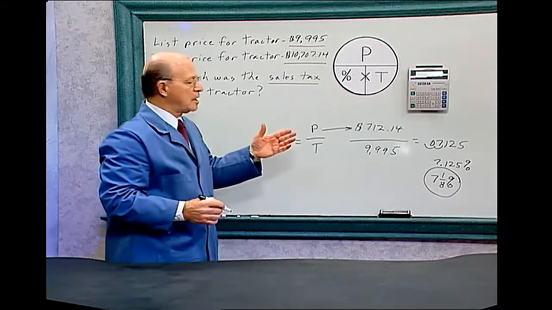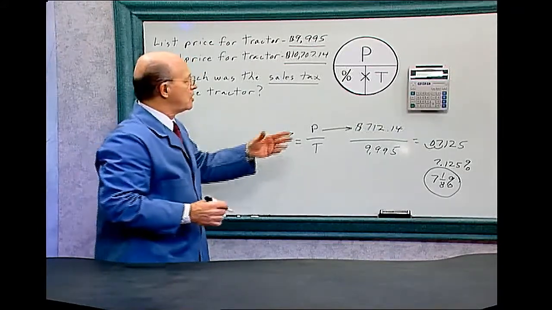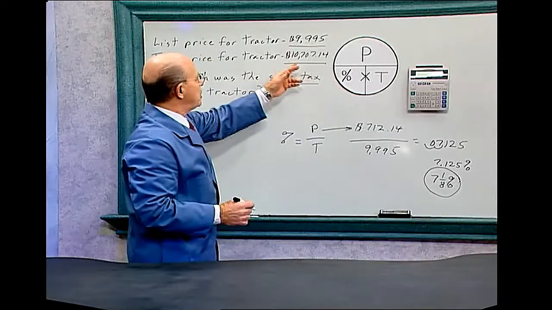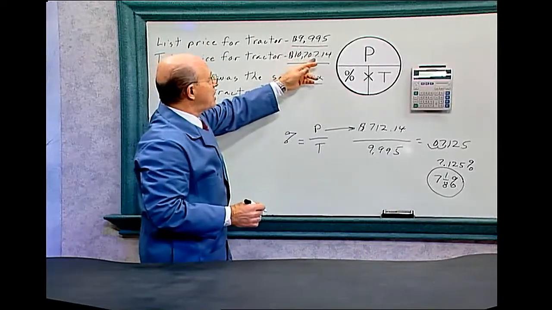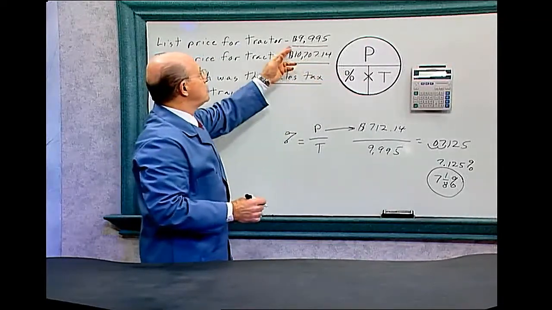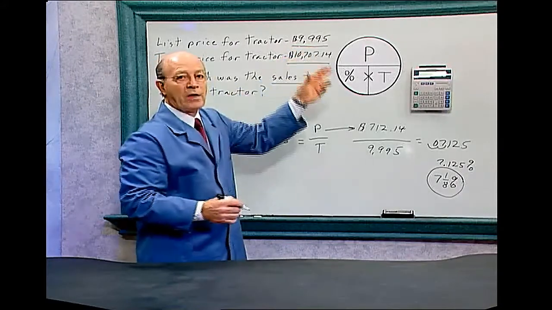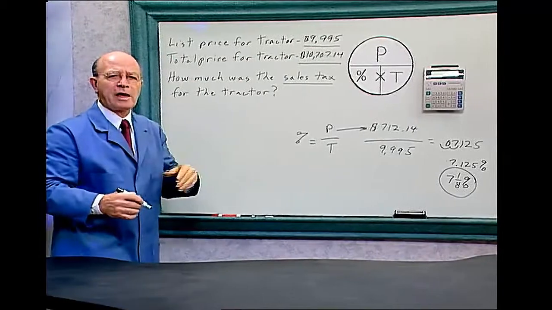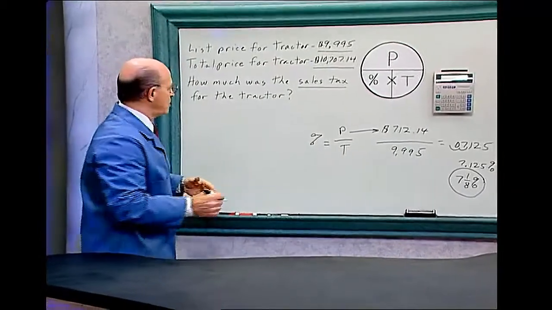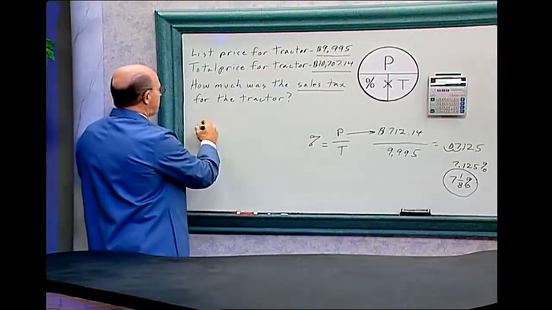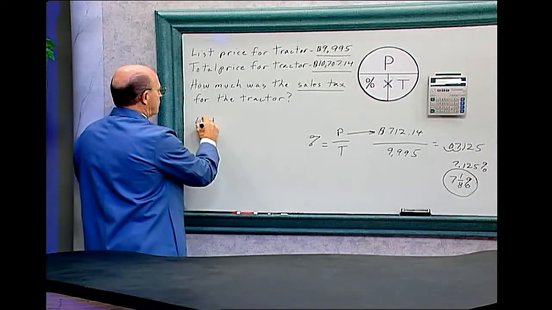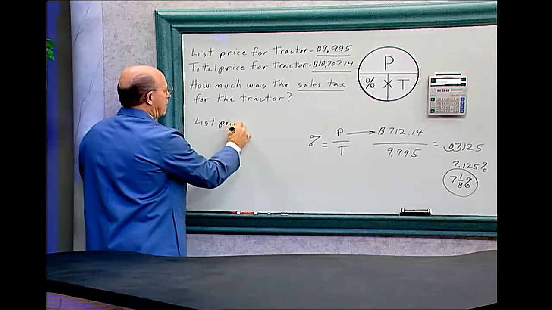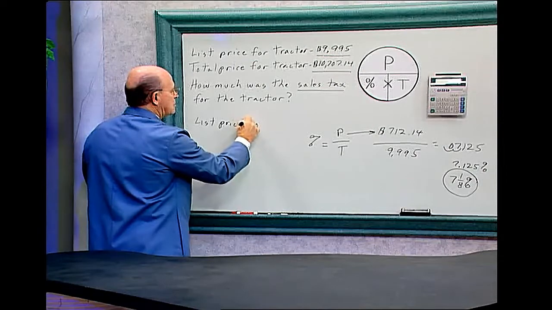Now, this sometimes becomes very confusing. For this total, should you put in $10,707.14, or should you put in $9,995? And one thing you could do is make a very simple problem. For instance, say the list price of an item is $10.